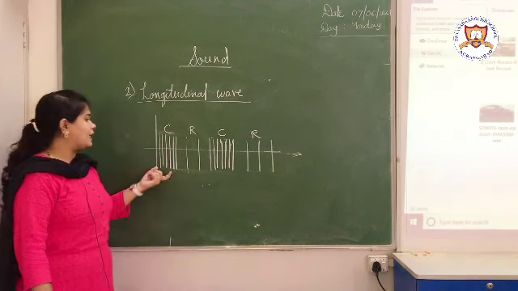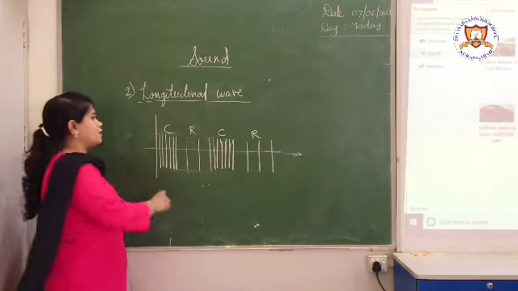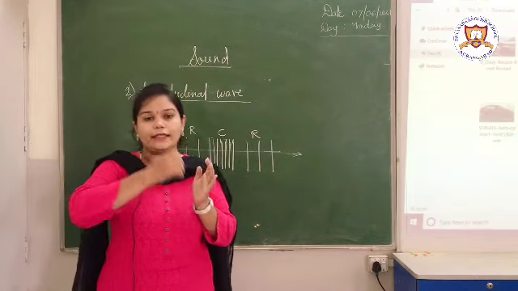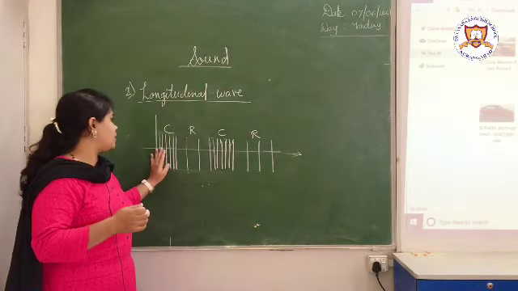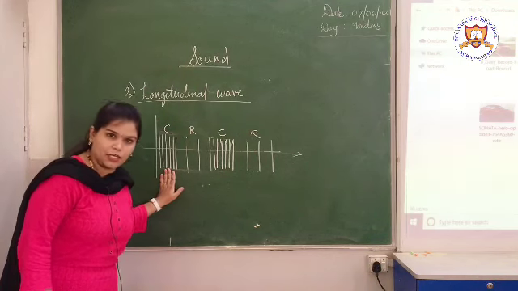Now what exactly is meant by compression? Where the density is high, where the particles are compact with one another, so the density of that portion of the wave is high, we call it compression.